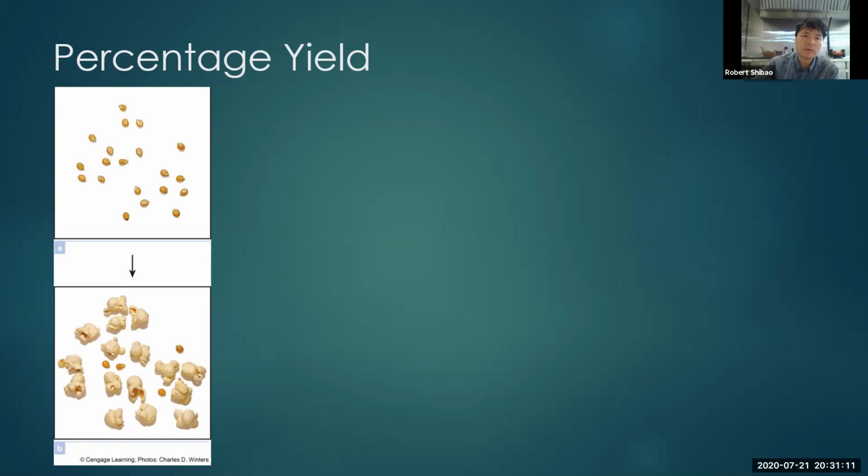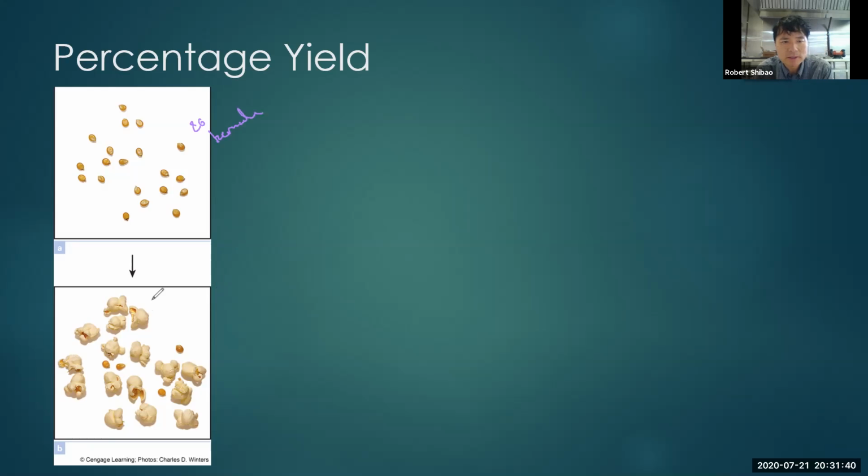This is like popcorn. This is popping popcorn here. And so how many popcorn seeds are there? 3, 6, 9, 12, 15, 18, 20. There are 20 seeds here. Well, if there are 20 popcorn kernels, how many pieces of popcorn?